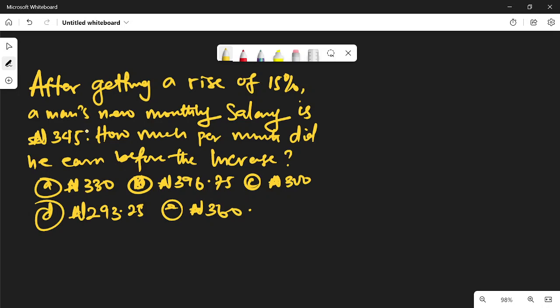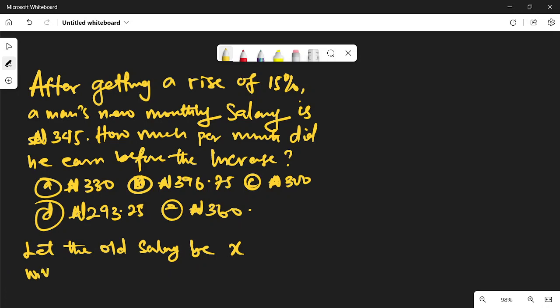We are told that after getting a rise of 15%, a man's new salary is now 345 naira. How much per month did he earn before the increase? So once you know the previous salary is taken per month before the increase, how do we go about that? Let the old salary be x.